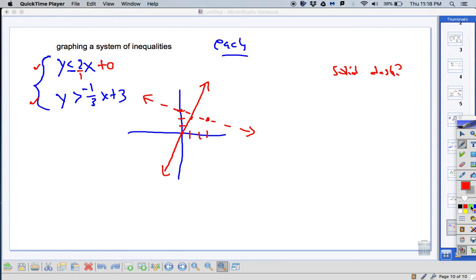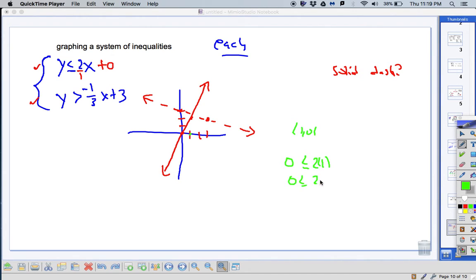So we're going to use a couple of colors right now so you can see it easily. I'm going to do green, and we're going to do this for a test point for this first one. Now, generally I like using 0, 0, but I can't use 0, 0 in this case, because 0, 0 is on this line. So I'm going to pick this one right here, which is 1, 0. So x is 1, y is 0. Using this, we get 0 less than or equal to 2 times 1. 2 times 1 is 2.